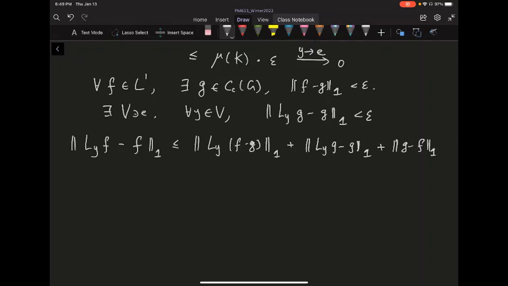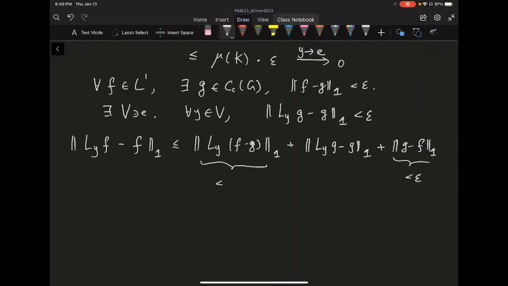Okay. So we know the translation of g minus f, that's going to be less than epsilon, okay? The one norm, well, because you're integrating against the Haar measure, so when you do the left translation, they give you the same norm, okay? It's left invariant. So the one norm of the left translation is the same as the one norm of f minus g.